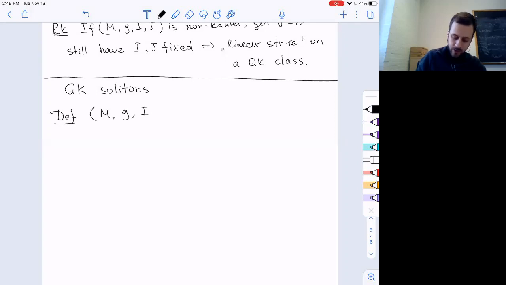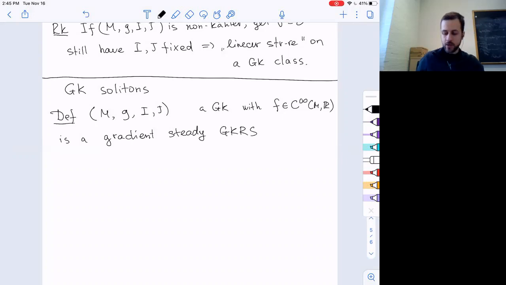If you have a generalized Kähler structure like this, we'll say that this, with a smooth function f, is a gradient steady generalized Kähler Ricci soliton. GKRS stands for generalized Kähler Ricci soliton.